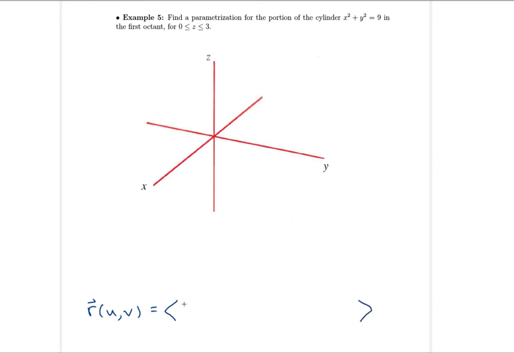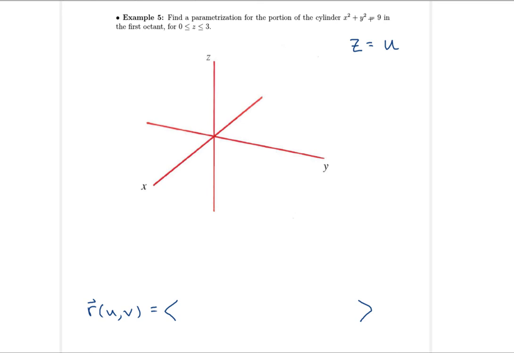So I'm going to go ahead and say that z should be one of the parameter values. And since it's the first one I'm listing, I'll list it as u. Okay. So what about our other one? Let's think about what varies and what changes. We're on a cylinder here.